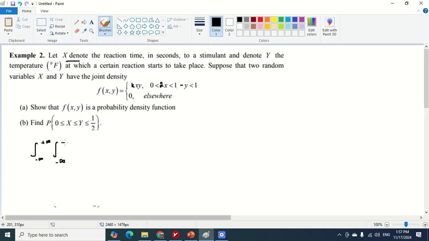So by using this concept, the double integral of f(x,y) should be equal to 1, and we can find the value of k. It's important to determine the function clearly, so I just use dA instead of dx dy. This integral should be equal to 1.